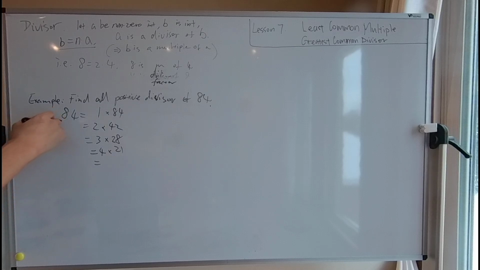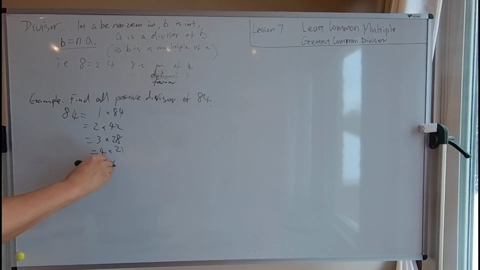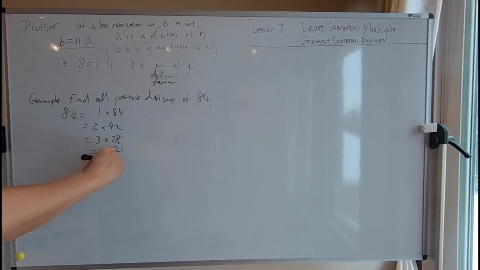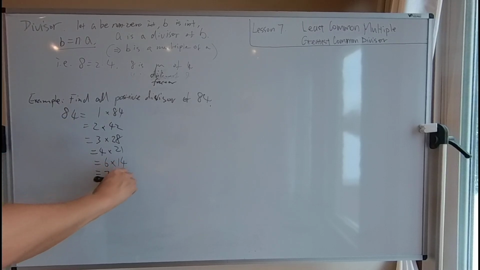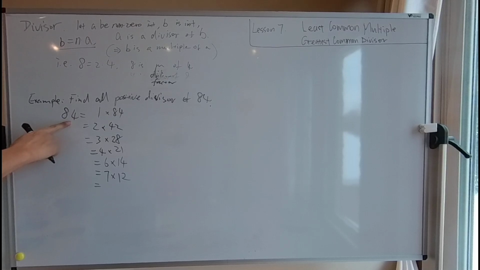Then 6, let's try. If you have 6, 24 is 4 times 6, so yes, divisible by 6. Then 7, you got 12 left, 14, 7 times 2 is 14. How about 8? Well, you should just try long division, or just put 8 over here. It's not divisible. 9 is also not divisible. 10 is not.